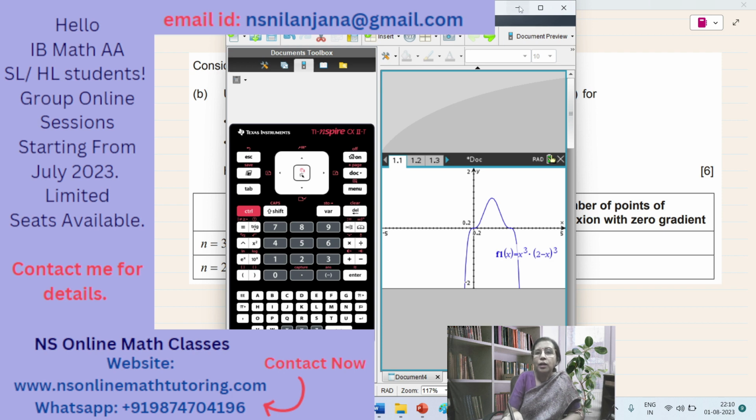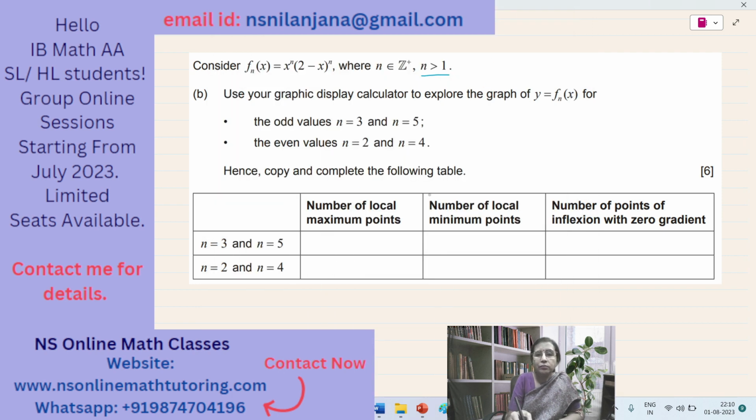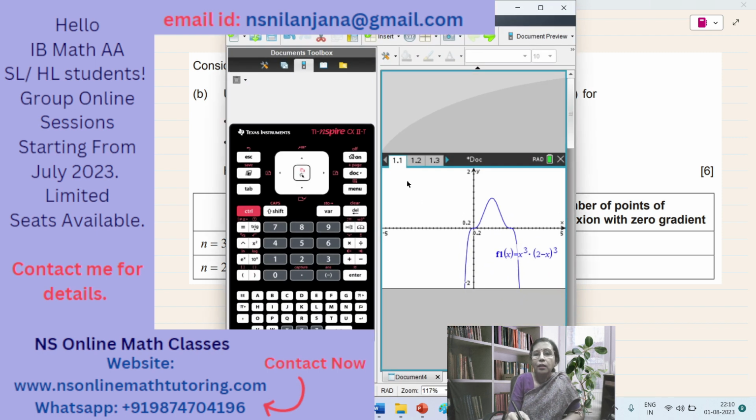Okay, so now let us come to the questions. We have to just fill in the cells, complete the table. So for n equal to 3 and n equal to 5, number of local maximum points. Okay, this is n equal to 3, x to the power of 3. One maximum point for n equal to 3, and for n equal to 5 also there is a single maximum point.